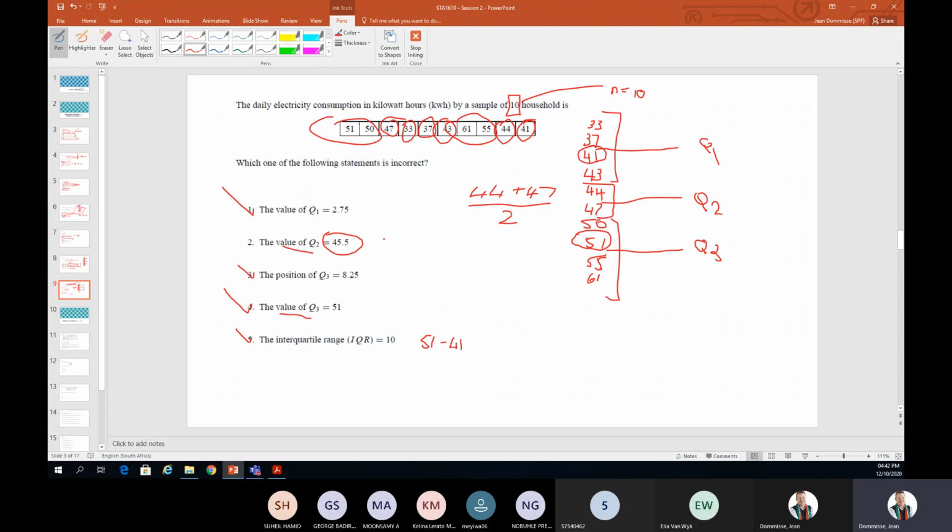Oh, it is 44.5. 45.5. Also very interesting. What am I missing? Did I make a calculation error somewhere?